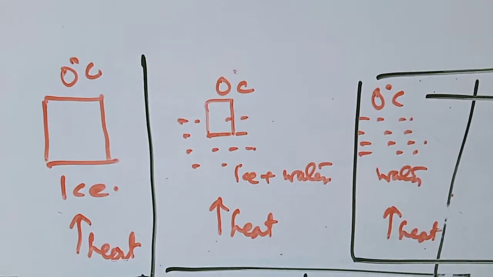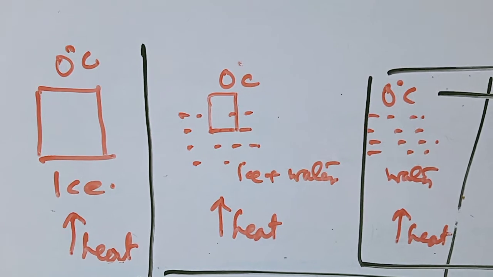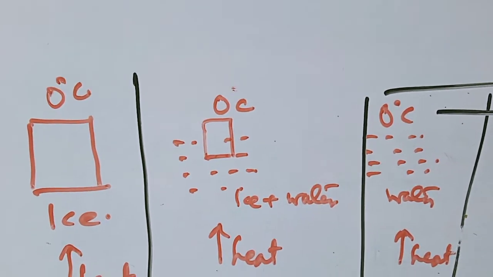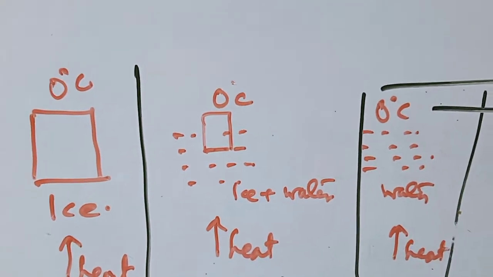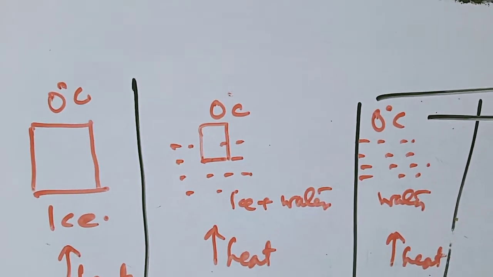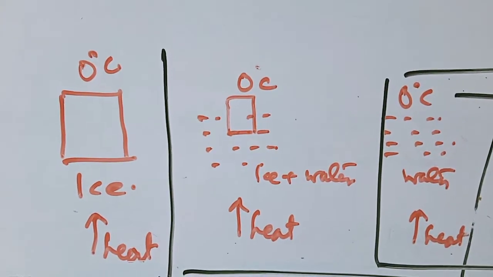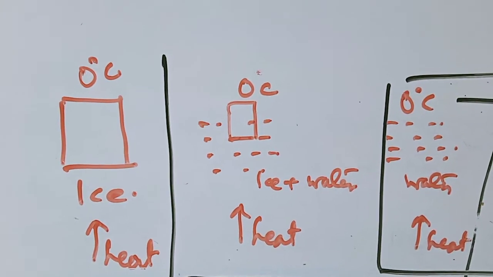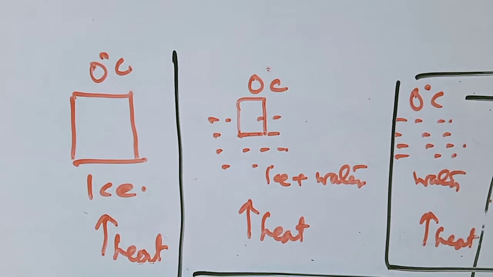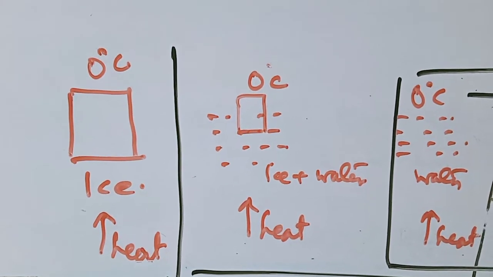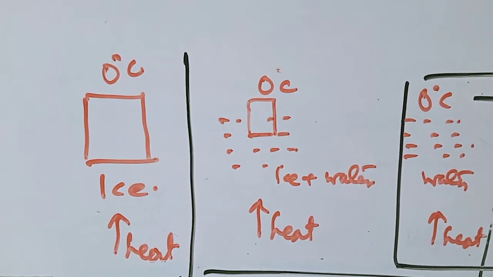Now what is happening here? Heat is being absorbed by ice at 0 degrees Celsius. The molecules, some may gain energy, some may lose energy. So the net kinetic energy remains the same during change of state. The entire heat energy absorbed by the ice is used to increase the intermolecular spaces among the molecules. Some energy is required to overcome the very strong cohesive force existing among the ice molecules.